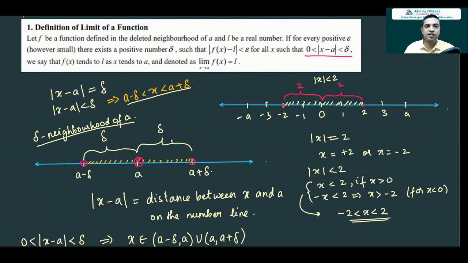Okay. So now let us understand this definition. Let f be a function defined in the deleted neighborhood of A, because to find limits we are approaching a particular point. Like in the previous example we took, x was approaching 2, it was not equal to 2.